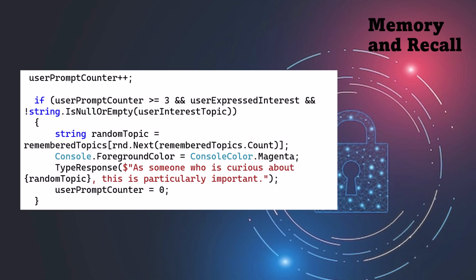This if statement allows the chatbot to perform the recall. The user prompt counter is increased each time the user provides input. Once the counter reaches 3, it checks if the user has previously expressed interest in a cybersecurity topic, userExpressedInterest equals true, and if the topic is stored, userInterestTopic is not null or empty.